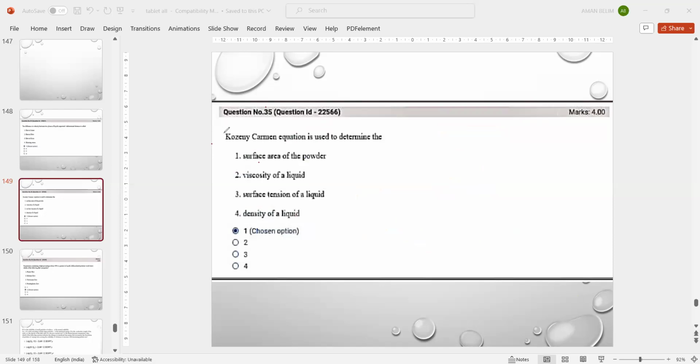So it's the surface area of powder, the Kozeny-Carman equation. And which instrument is used for the measurement of surface area of powder? Which two methods and instruments are used? This is the portion from the micromeritics.